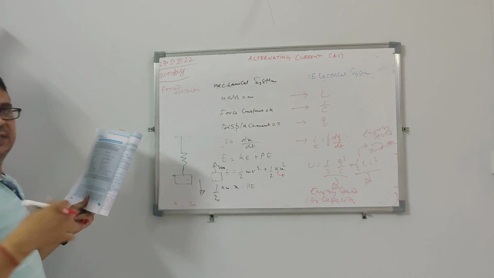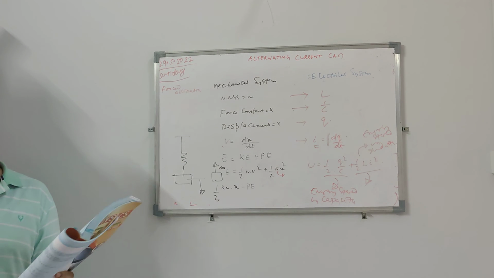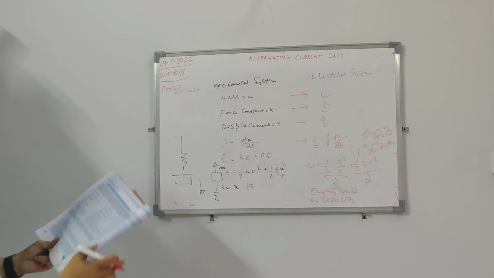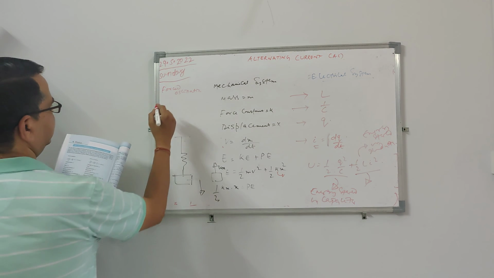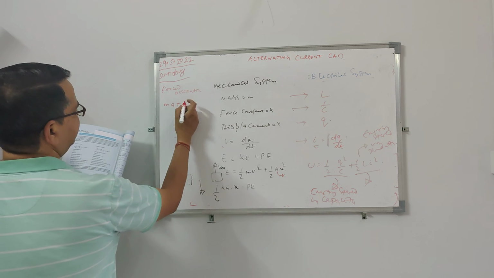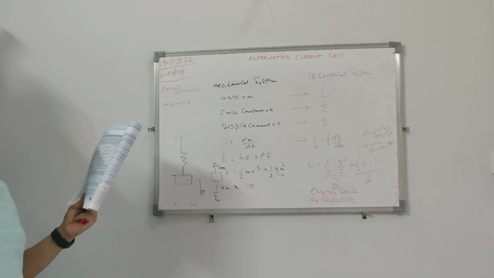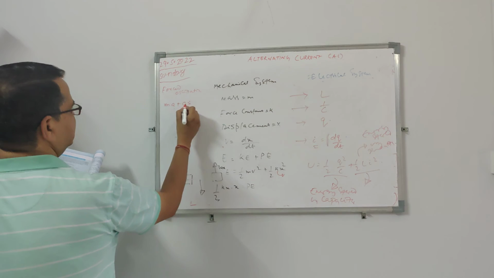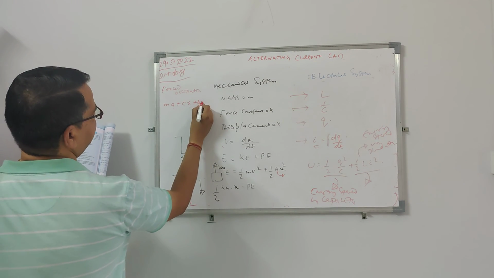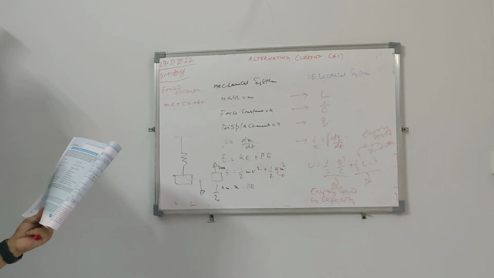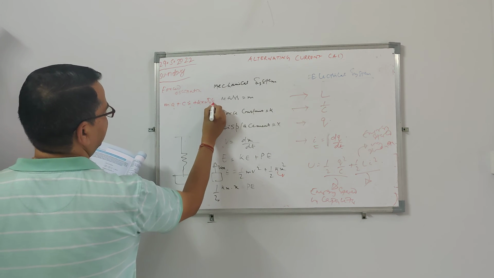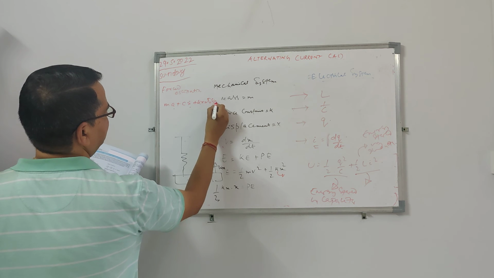There will be three forces: the inertia force, the damping force, and the spring force. The inertia force is nothing but m a, where this is acceleration. The damping force is c into velocity. The third term is the spring force, which is k x, equal to the externally applied force, F0 sin omega t.